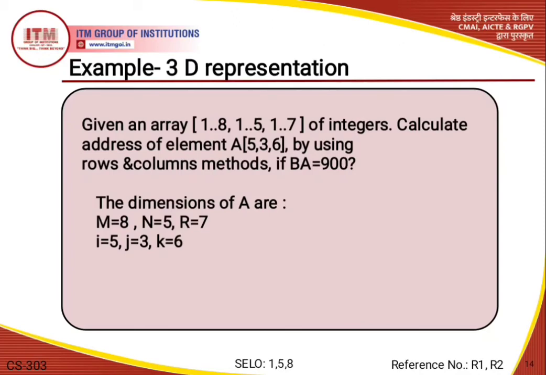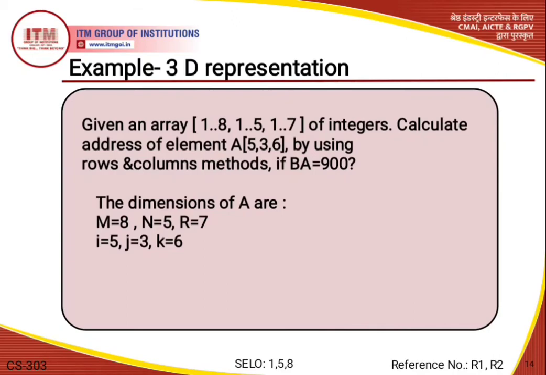Now here the dimension of A is calculated as M is equal to 8, which is the upper bound of the first pair, N is equal to 5, which is the upper bound of the second pair, and R is equal to 7, which is the upper bound of the third pair.